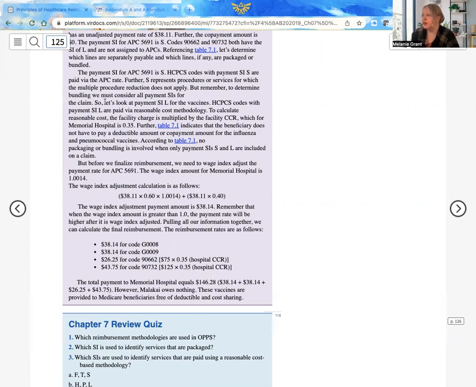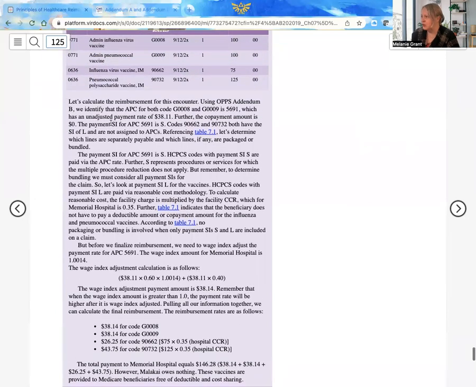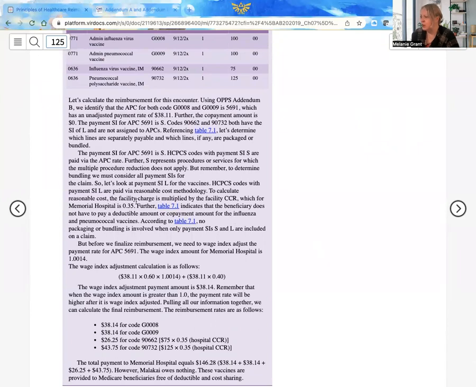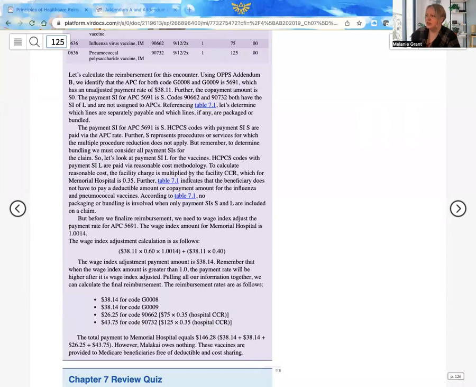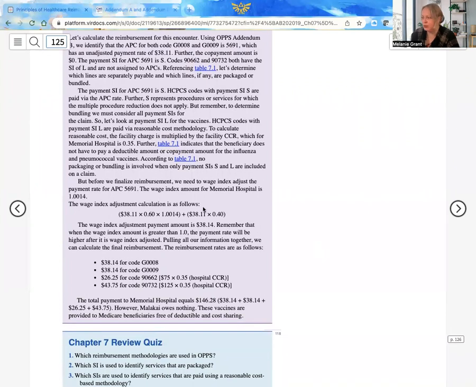We also said earlier that for the 90662 and 90732, the amounts listed were going to be at 0.35 or 35%. This was something, again, that's based off of your facility for your CCR and would be something that you would have available to you.